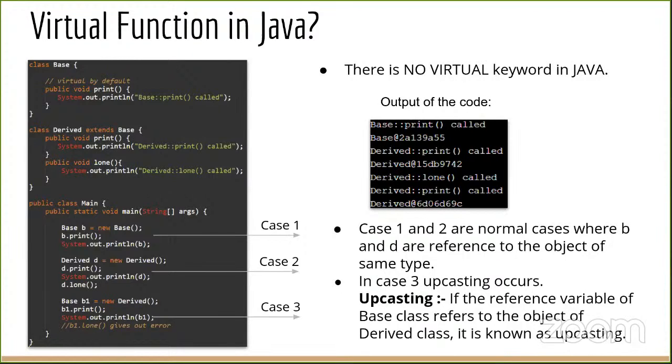But if I call B1.loan, that is the function which is there in derived but not in base class, and B1 is a reference of type base, it will give out an error because there is no method of name loan in the base class. So that is the main functionality of virtual functions in Java.